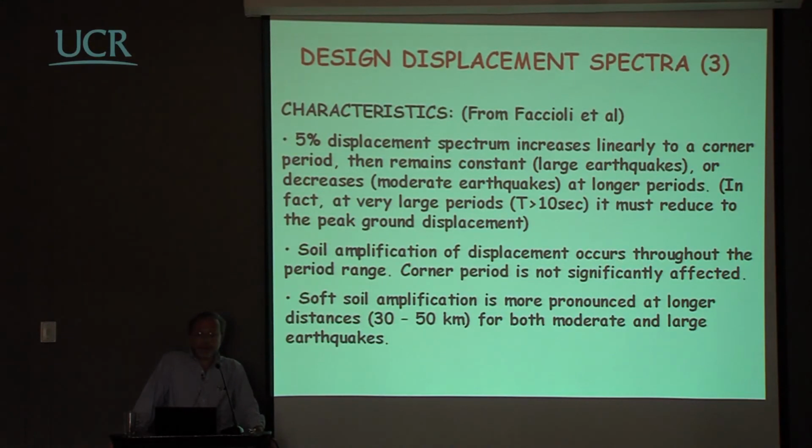We should also look at other problems, for example the problem of soil amplification. As I will discuss in a minute, we will see that actually soil amplification could have a larger effect on displacement spectra, on displacement demand, than on acceleration demand. And the third point is that soil amplification could have different effects at different distances from the source.